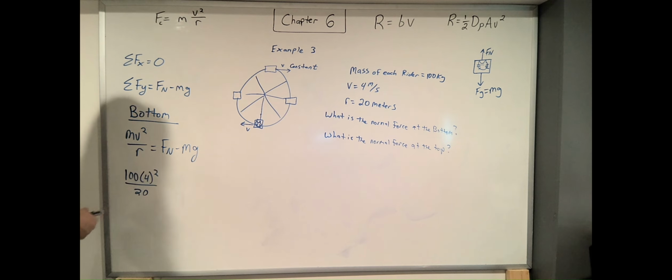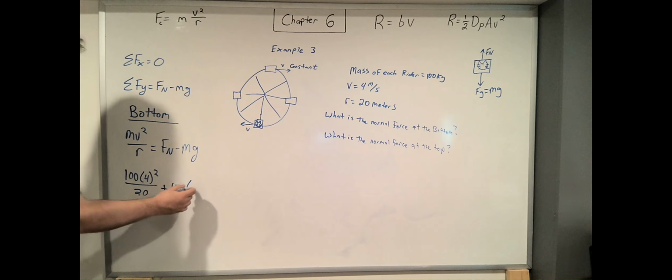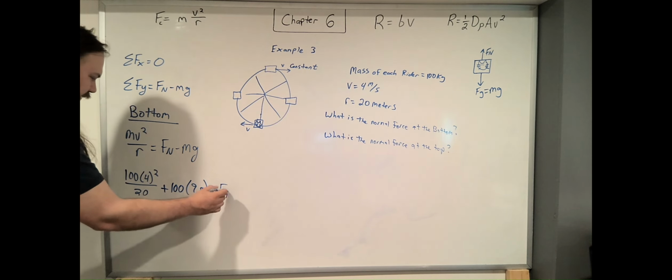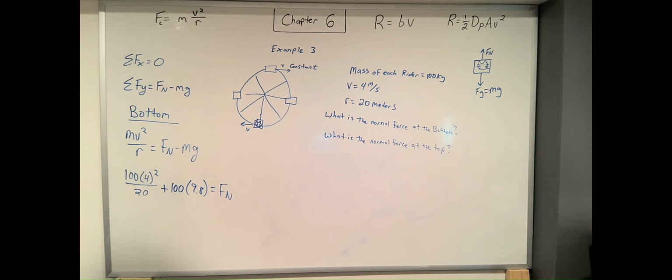Let's move that mg to the other side. So we'd have plus 100 times 9.8, and this is equal then to the normal force. So you see, I just added mg to the other side of this equation. So we've got this plus mg is equal to the normal force.